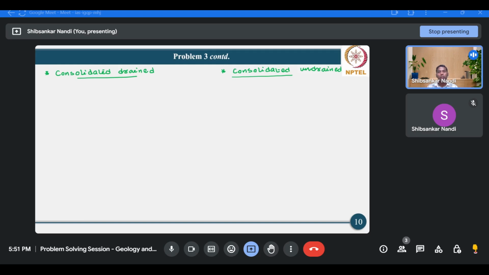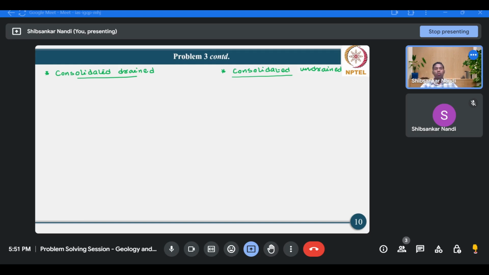Therefore, the fundamental difference between these two cases is that the drainage valve is kept open in the consolidated drained test throughout, meaning shearing and consolidation. However, for the consolidated undrained test, the drainage valve is kept open for the first phase, that is consolidation, whereas in the second phase, that is shearing, it's closed.